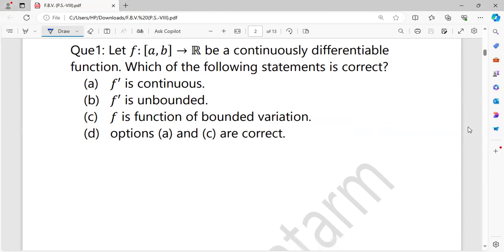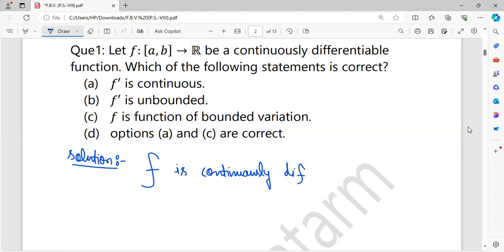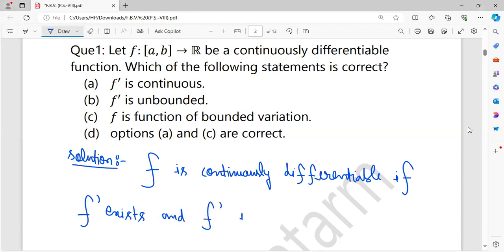So let's see. What is a continuously differentiable function? f is continuously differentiable if the derivative of f exists and f dash is continuous.